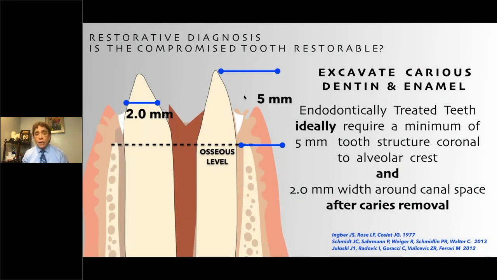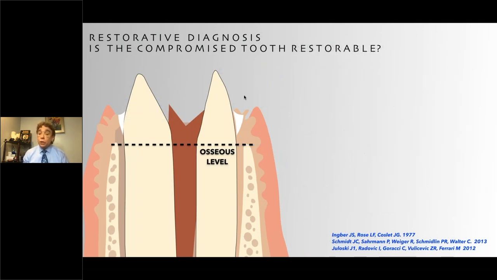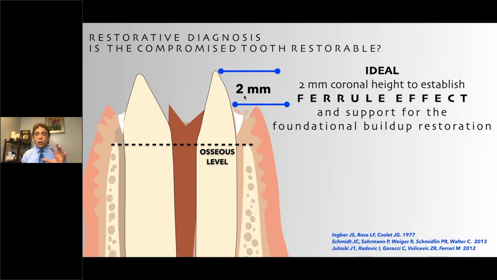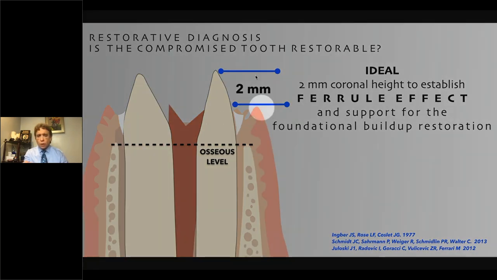If I don't have that, as we'll see, there is far more compromise in the tooth. So more tooth structure, and that's why conservative dentistry is always going to be better, even during access for endodontically treated teeth. Again, I would like 2 millimeters of height right over here, above that gingival complex, 360 degrees around the tooth.